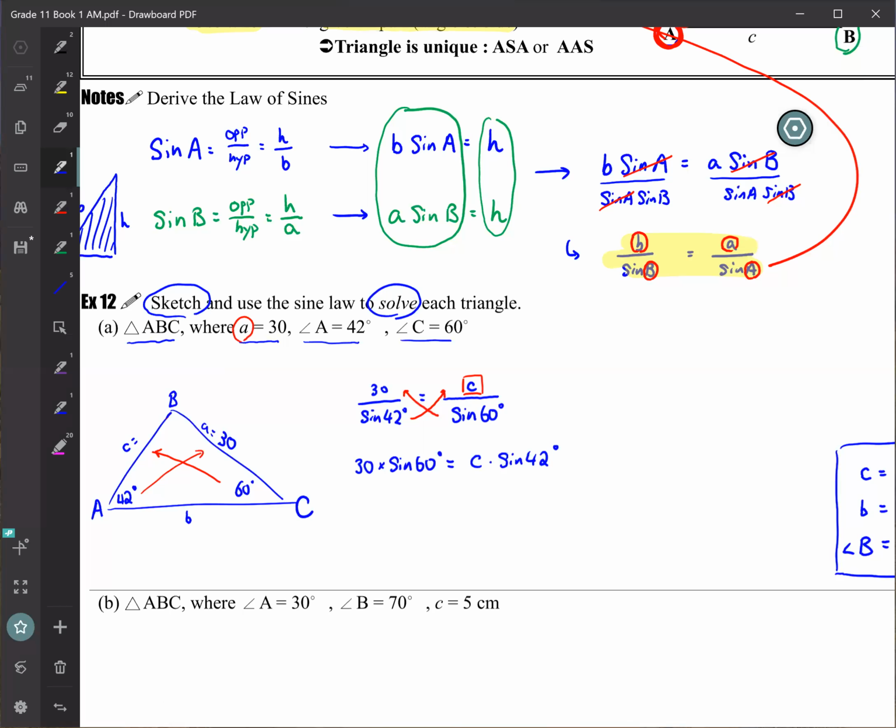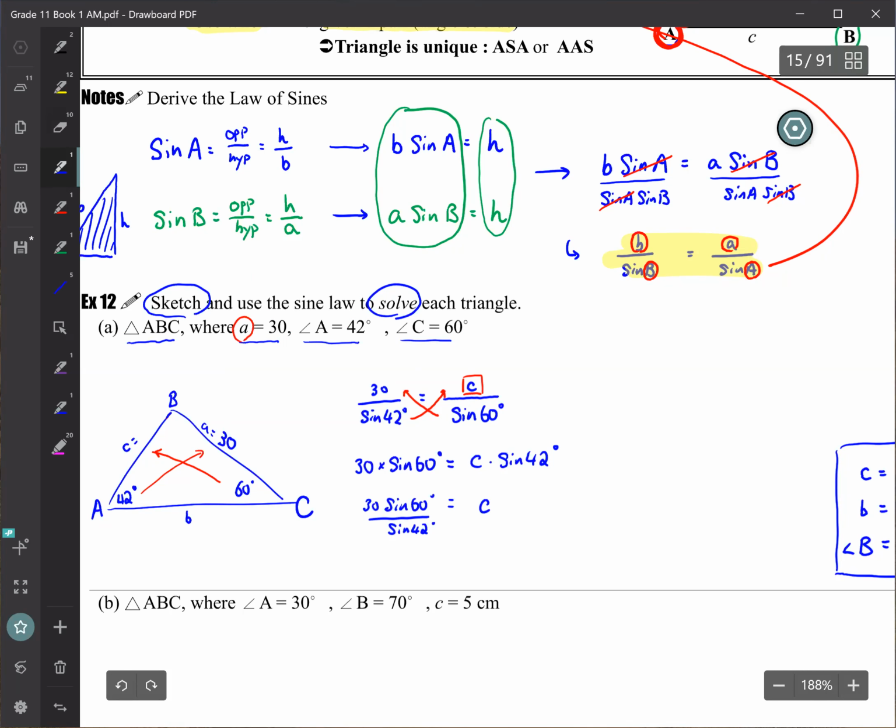And then to solve for C, what do you do now, Colin? You divide away the sine 42. Yep, so both sides divide by sine 42. So C will equal 30 sine 60 over sine 42.